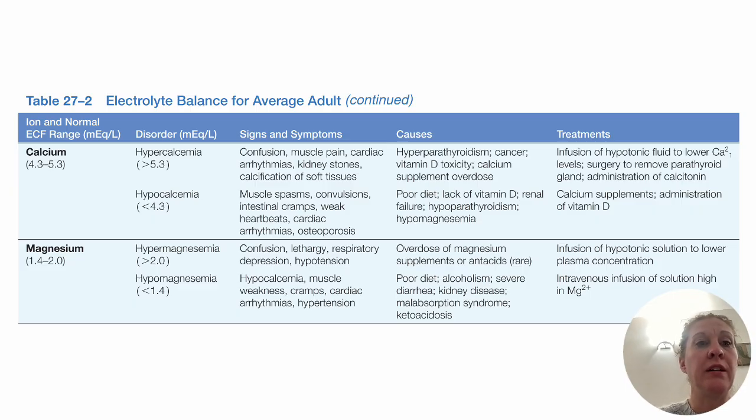The main regulators for calcium are the parathyroid hormone and calcitriol. Those help to raise calcium concentrations by increasing the amount that we release from the skeletal system. Calcitonin, on the other hand, which is released by the thyroid, opposes that. So it decreases the amount of calcium in circulation and helps to encourage storage of calcium in the bones.